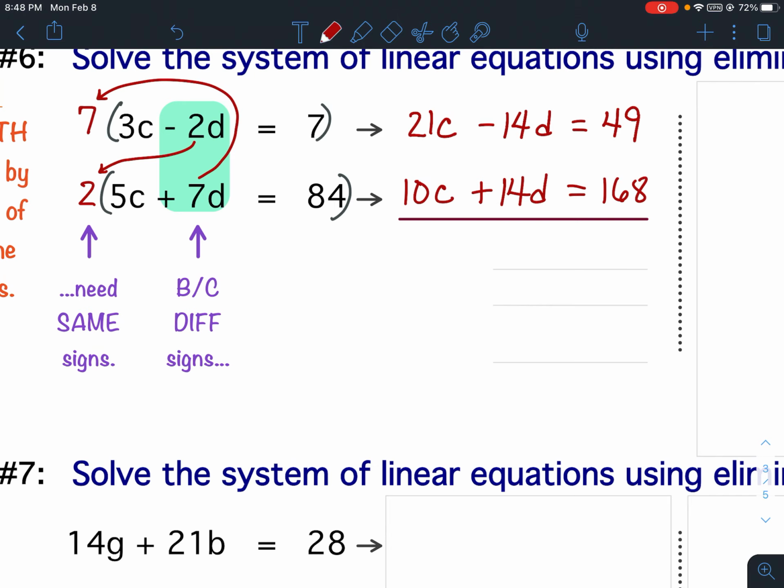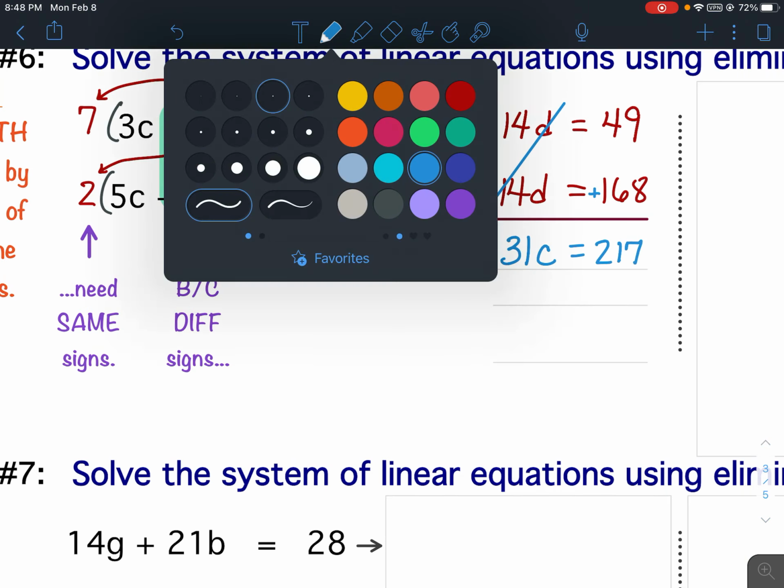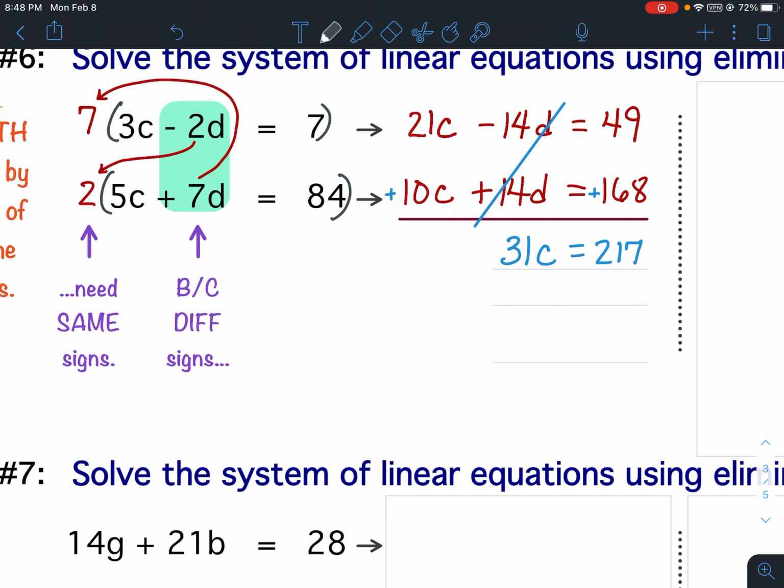Okay. So my d terms get eliminated. They cancel, they're opposites, so the d terms get eliminated. 21c plus 10c would be 31c. And then 49 plus 168 is 217. Again, please make sure you're using your calculators when you're doing these yourselves.